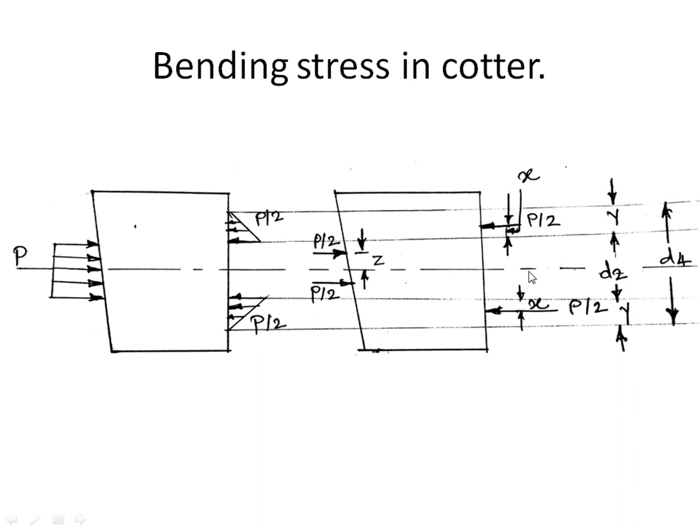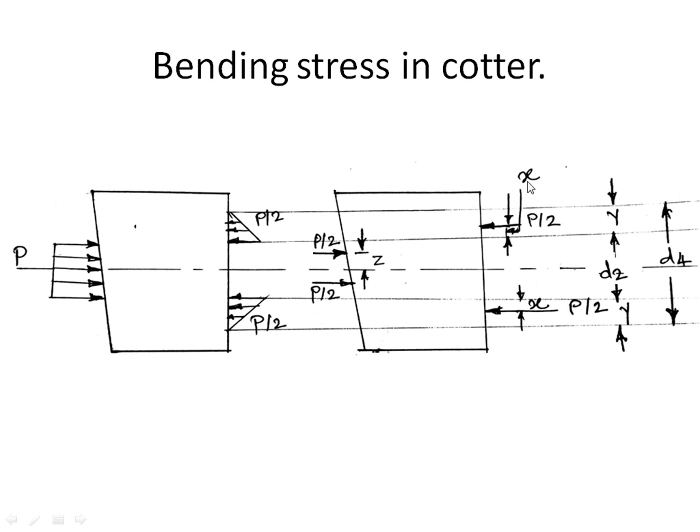If we take the moment of these forces about the horizontal axis, then on the right side the moment will be P by 2 into d2 by 2 plus x, where x is 1/3 of y. The y can be calculated as d4 minus d2 divided by 2.